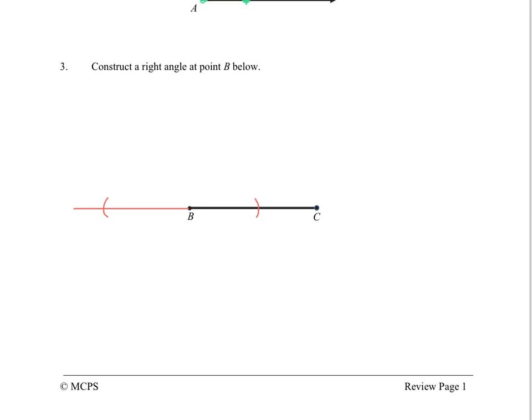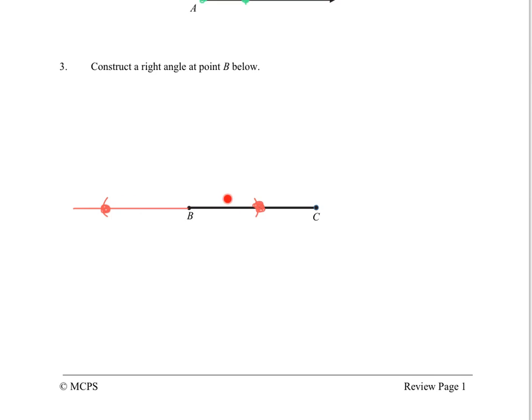What this is going to do is create two points that are equidistant from point B, with B as your center point. Then from each of these new points, you're going to take your compass and make sure you have a measurement that's more than halfway.